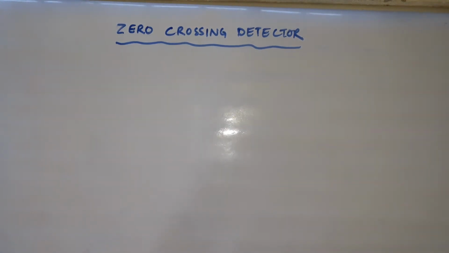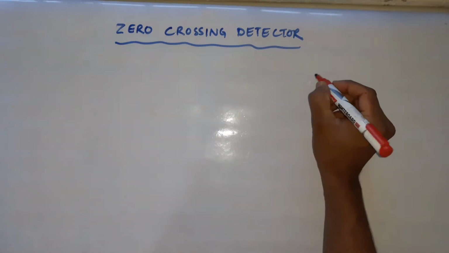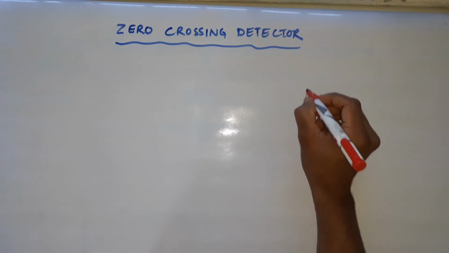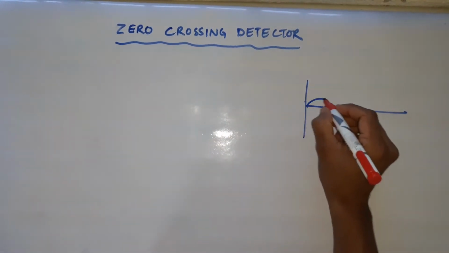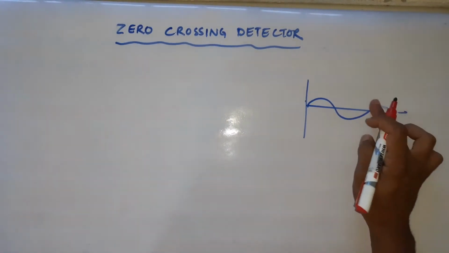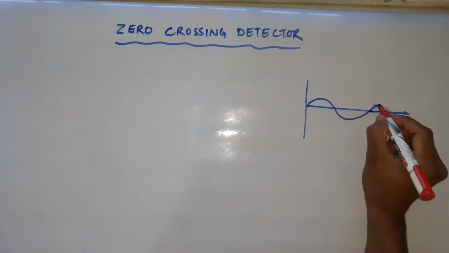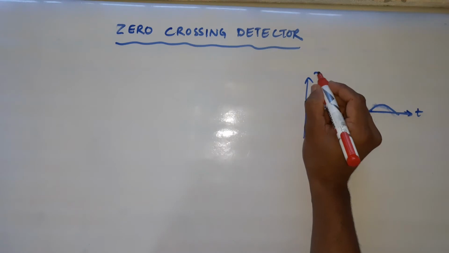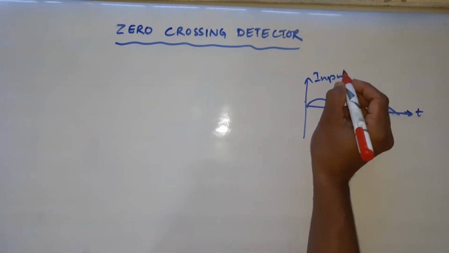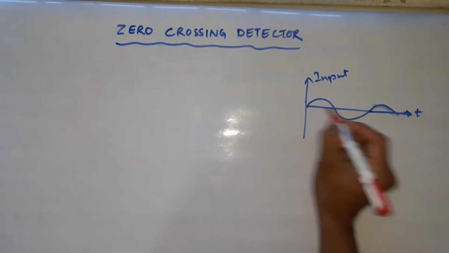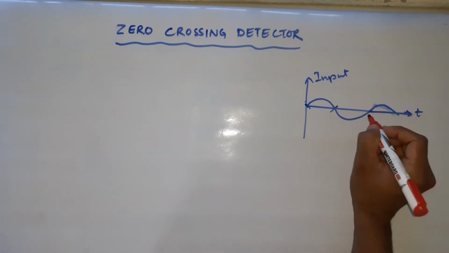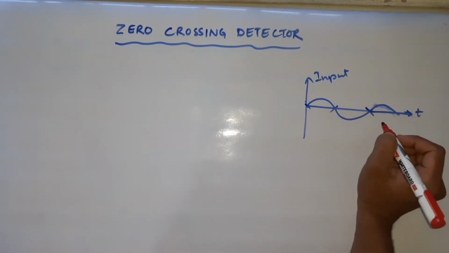See, for example, this is your input. Here it is crossing 0, here it is crossing 0, here it is crossing 0, isn't it?